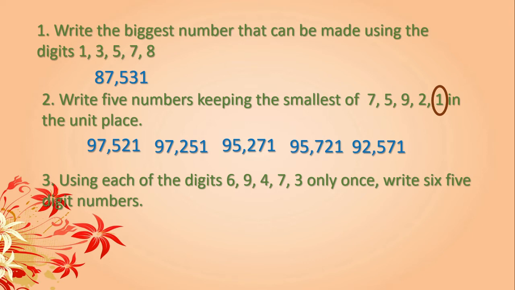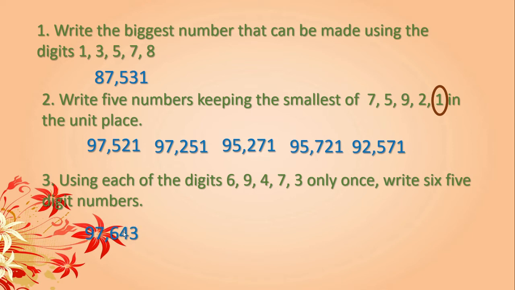So again we will go through the same method because it is very easy while learning. 9, 7, 6, 4, 3 from bigger to smaller. Now here no condition is there that unit place must have this number or that number, right? We can use all these numbers. The only one condition is that we have to use these given numbers only once, not to take the same number twice. Okay?